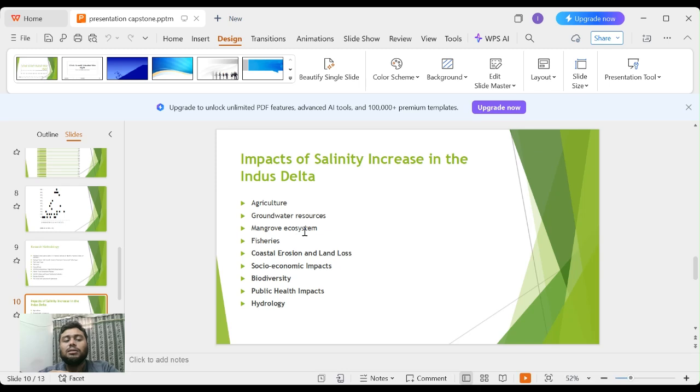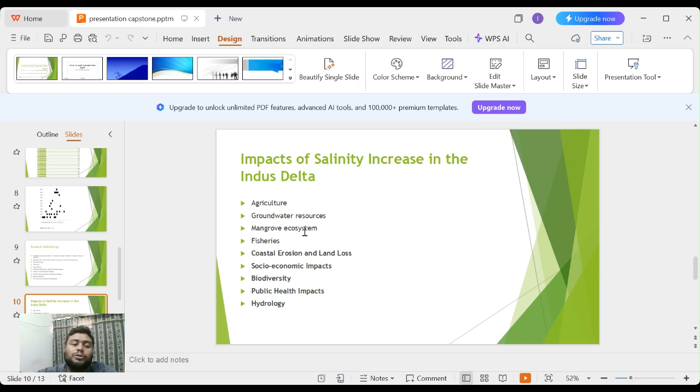These changes reduce the resilience of the delta to droughts and climate variability. There will be more droughts as there is no fresh water in the area, so the hydrological impacts will be higher. These are the impacts of salinity.